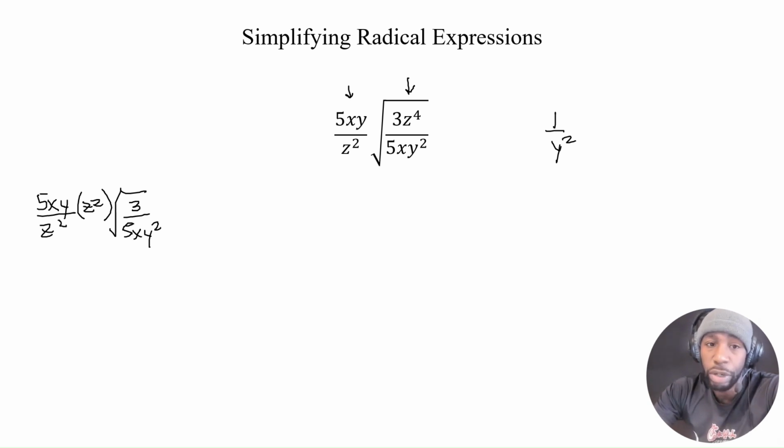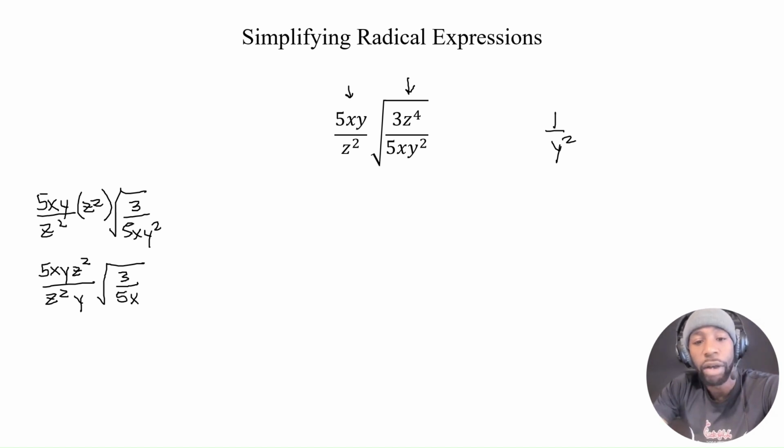Now let's keep on going. So that 1 over y squared is going to come out as a 1 over y. So that ends up being 5xy z squared over z squared y, because that y came out as a 1 over y, and then that's times 3 over 5x. Okay, now check this out.